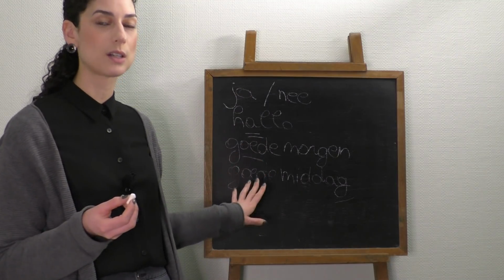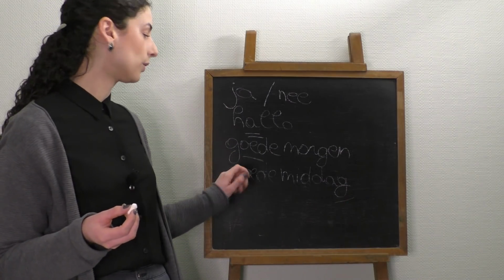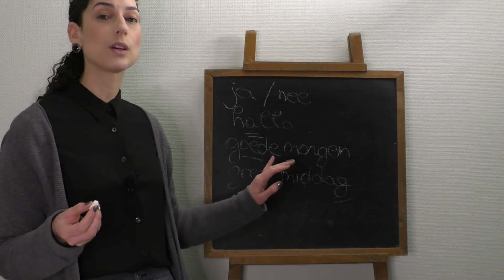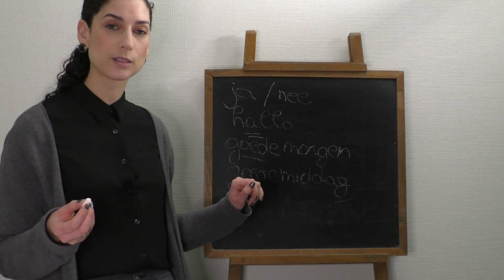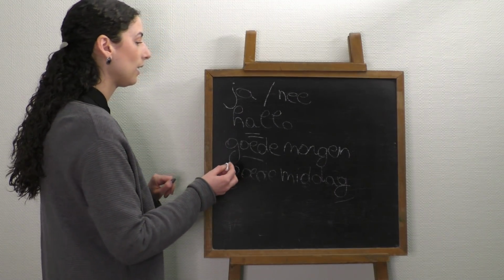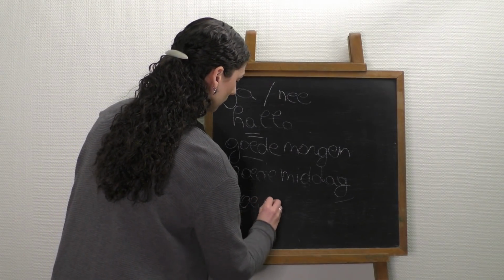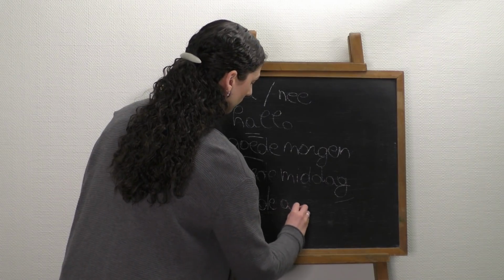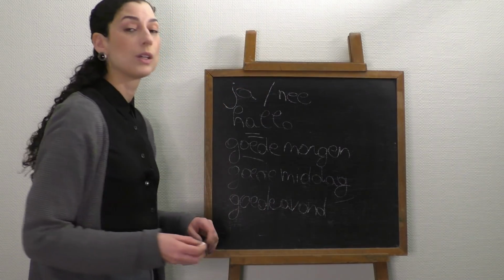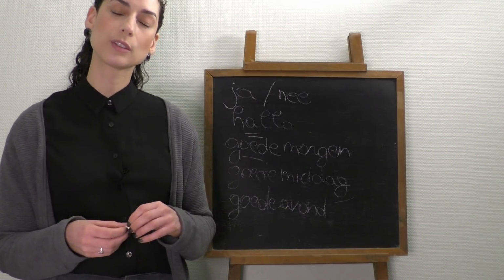We call that a hard G and a soft G. So the hard G, goede, and the soft G at the end, middag. Goedemiddag. And then good evening: goede avond. Okay? Goede avond.